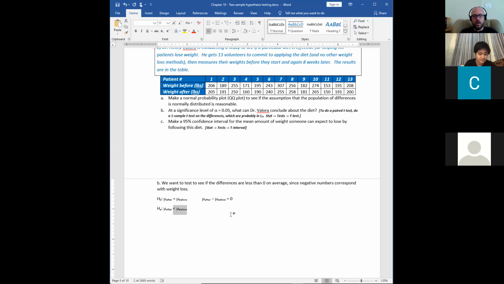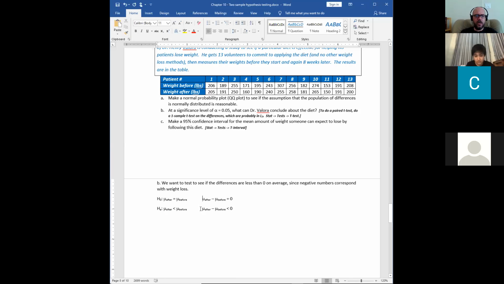Or when I did the subtraction here, the thing that I would get would be less than 0. Right? If mu after is smaller than mu before, then when I subtract after minus before, I should get something negative. Right? So you can write your hypotheses either of these ways.